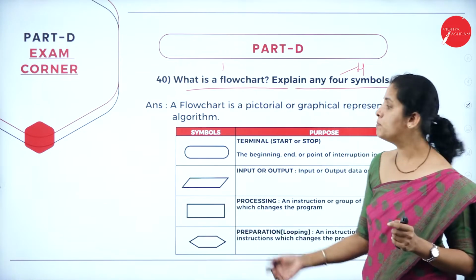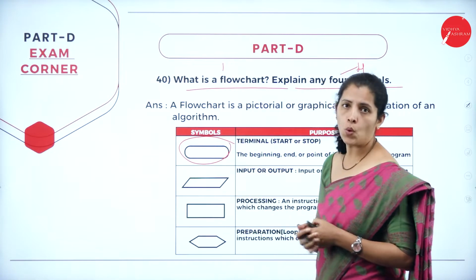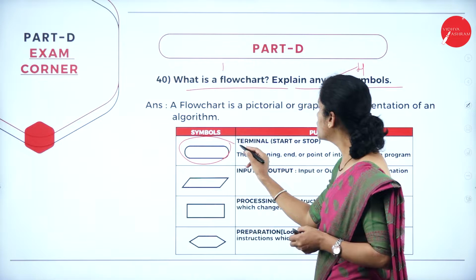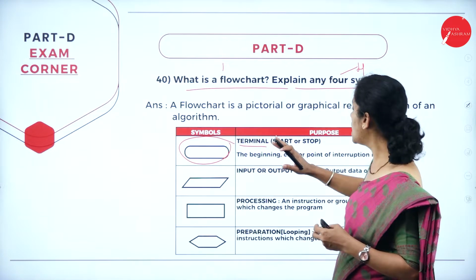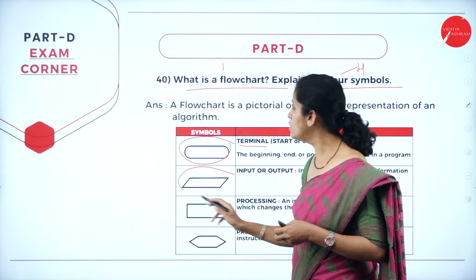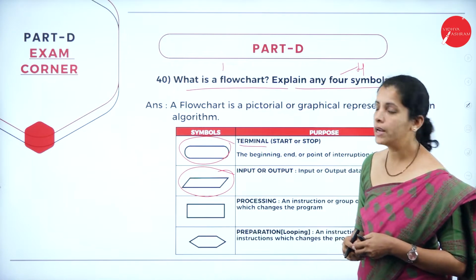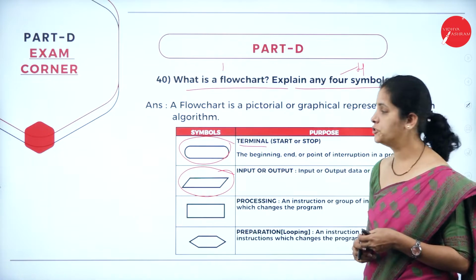So dear student, if I consider this symbol, it is oval and it is called terminal. It is mainly used to specify start and end. Now, if I consider the parallelogram, this is for input or output, or data or information.